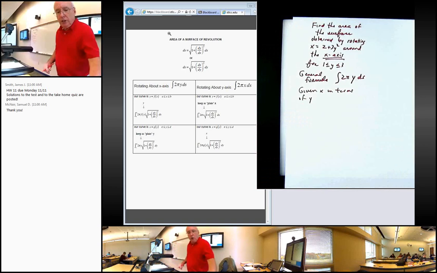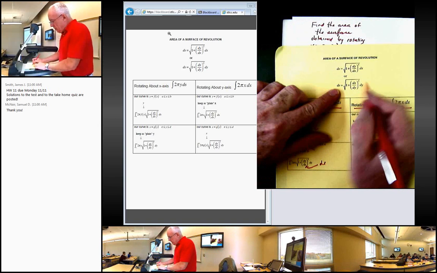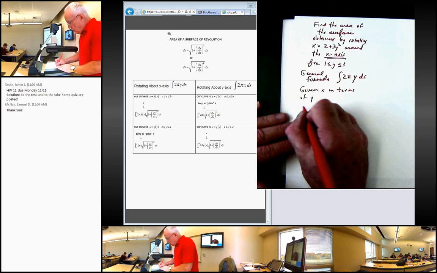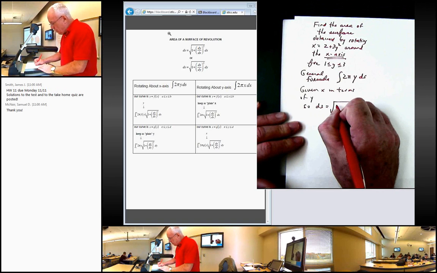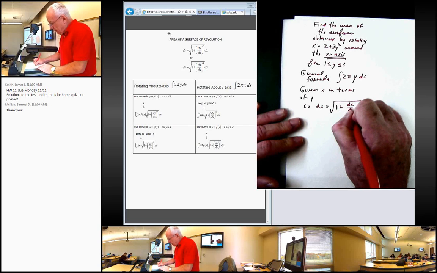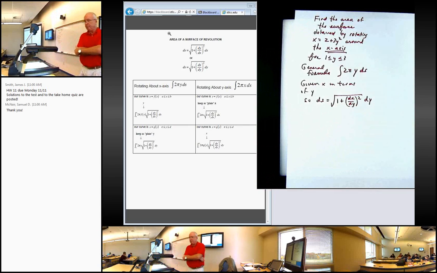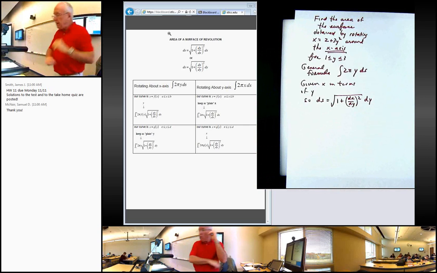So we're going to use this formula here where we have the dx/dy in our ds formula. So ds equals the square root of 1 plus (dx/dy) squared times dy. Right? Okay, so let's figure out dx/dy.